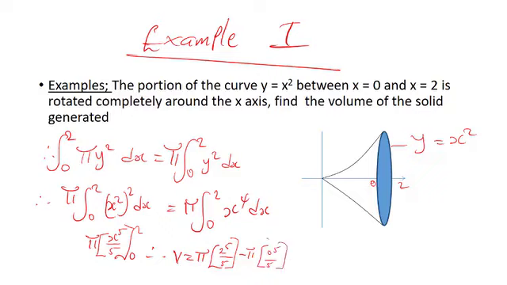Everything in this axis becomes 0. So our final volume will be equal to pi times 2 raised to power 5, which is 32, over 5. So the volume of this is 32 over 5 pi. So you can now see that we can use bounded lines in solving equations that involve integration.